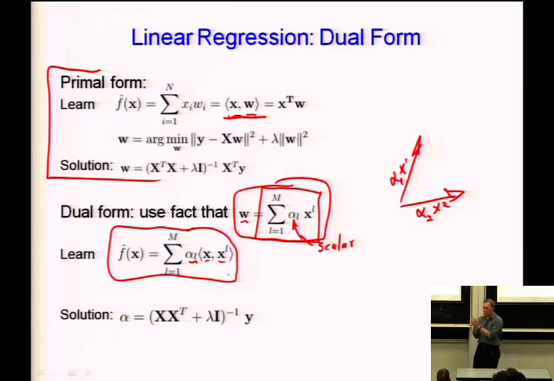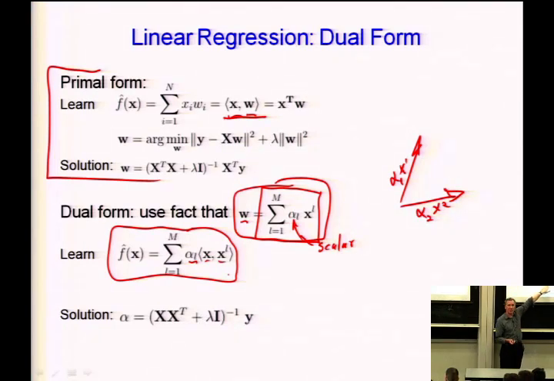We'll run through the training examples one by one, take the dot product of the new x with the l-th training example, multiply the result by alpha_l, and then add that and add that and add that. And furthermore, if we work out the algebra, we can get a closed form solution for what those alphas are, which looks like this.